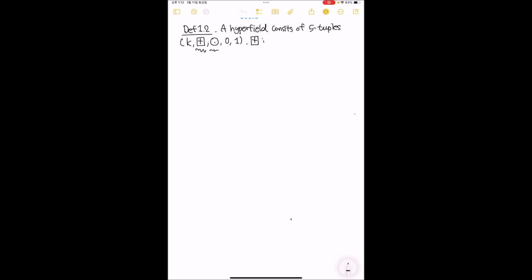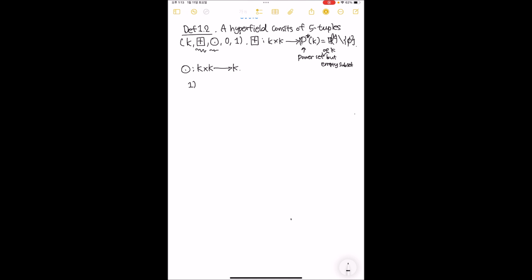First, the addition is a binary operation from K times K to the power set of K but without the empty subset, that is, the nonempty subsets of K. And multiplication is also a binary function, right here.